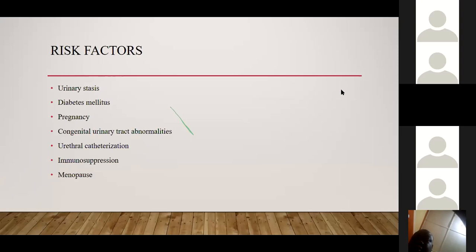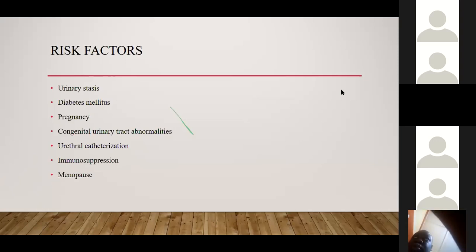Conditions like diabetes, we know, affect the immune system, the sugar and all that. There's a risk of urinary tract infection. Pregnancy also will put you at risk of urinary tract infection because the immune system changes.